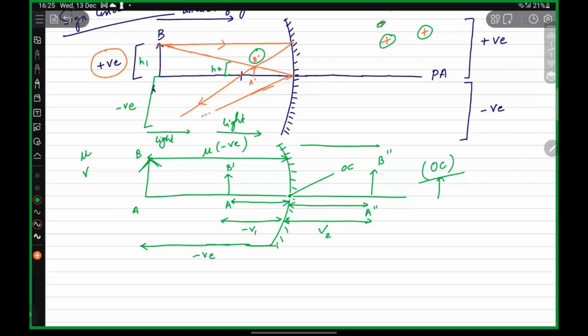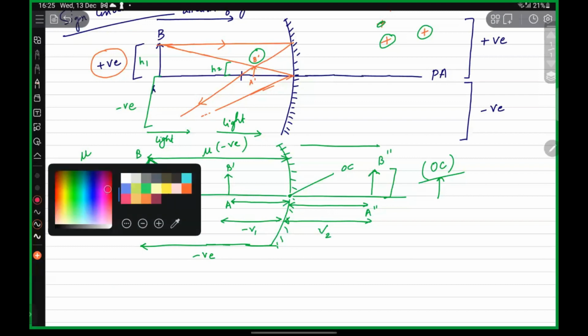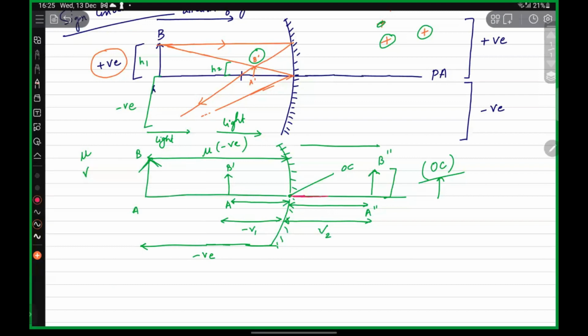Now if we had an image somewhere here, this AB, we are going along the direction of light while measuring the distance, because we have to measure from the optical center. So this distance will be positive V2. This distance will be negative V1 because, again, we have to measure the distance from the optical center to the object or the image. So for this, we are moving this way, and this will be negative.